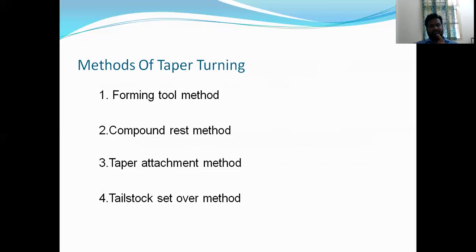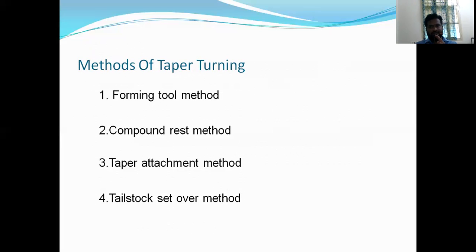In the coming slides, we are going to discuss these four processes in detail.